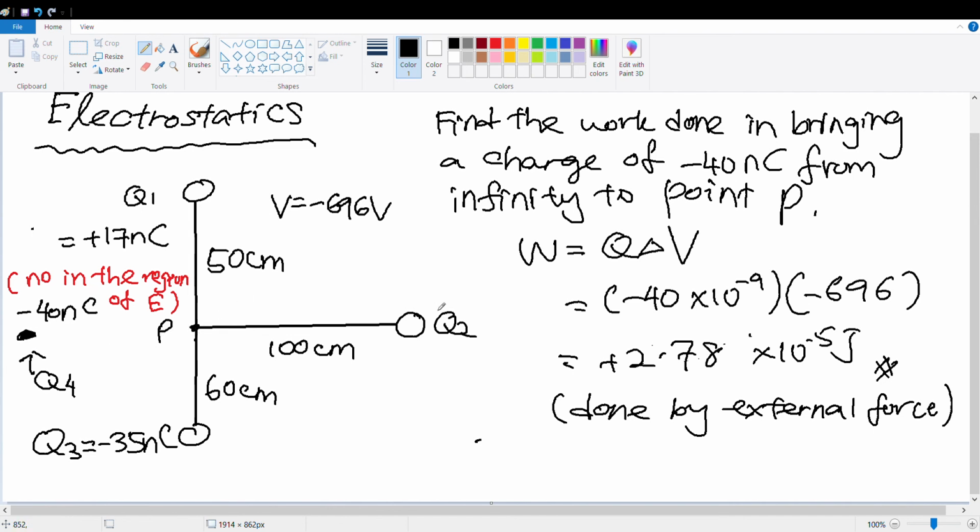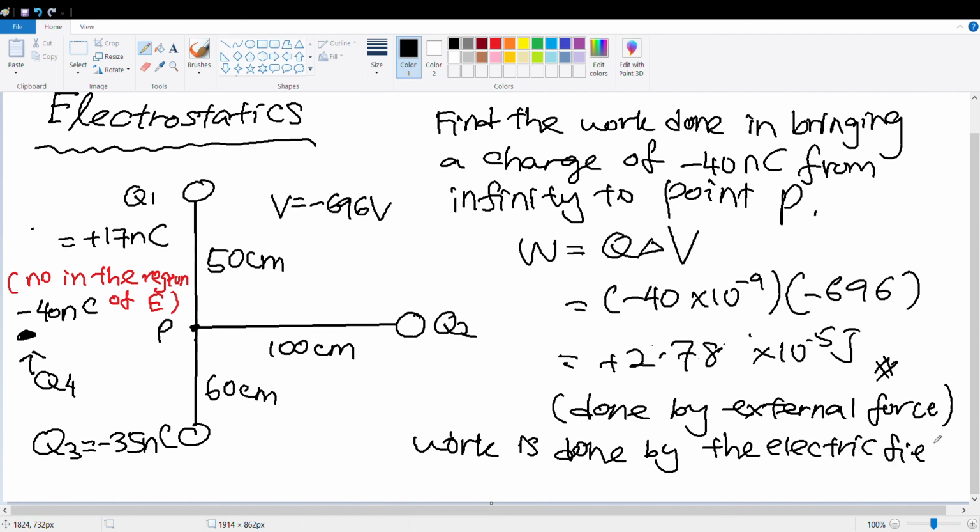As for if the work is done by the electric field, usually what we will see is negative Q delta V. So this negative is the work which is done by the electric field.